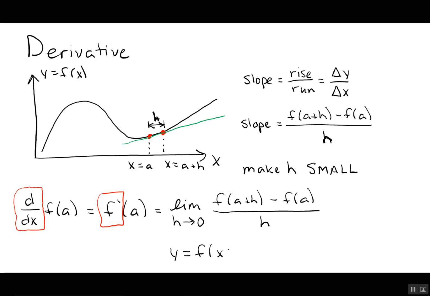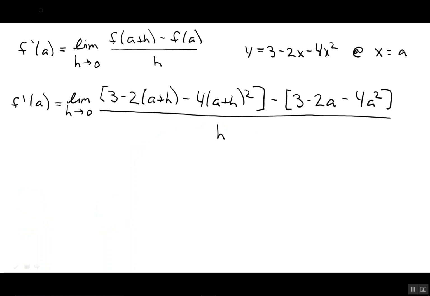In this case, the function is going to be y equals f of x equals 3 minus 2x minus 4x squared, a polynomial function. So here we go. Again, the derivative of this function f at a specific value a is the limit as h goes to 0 of the function evaluated at a plus h minus the function evaluated at a, divided by h.